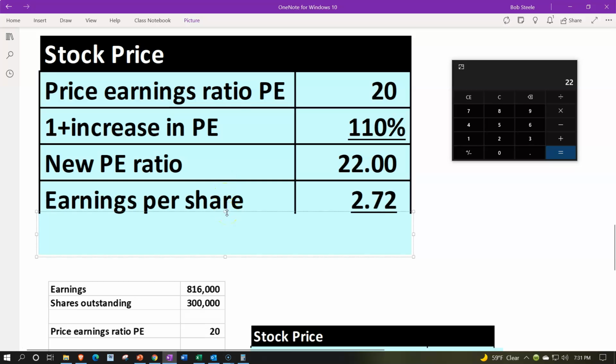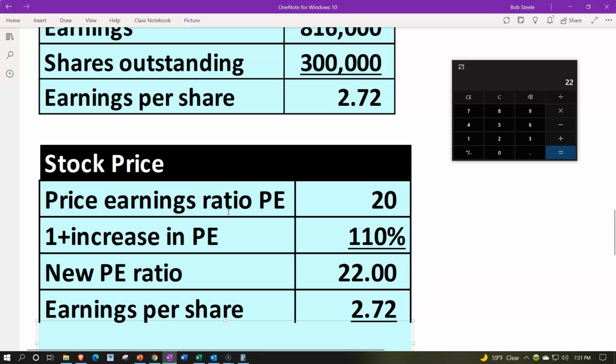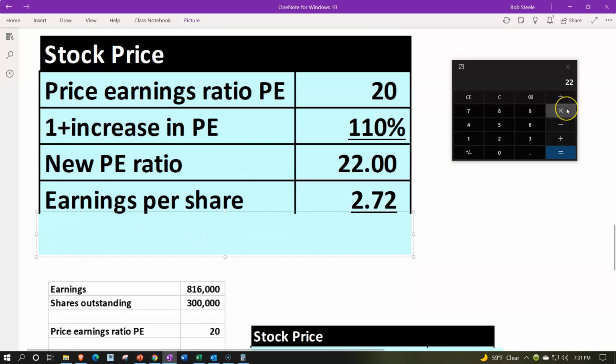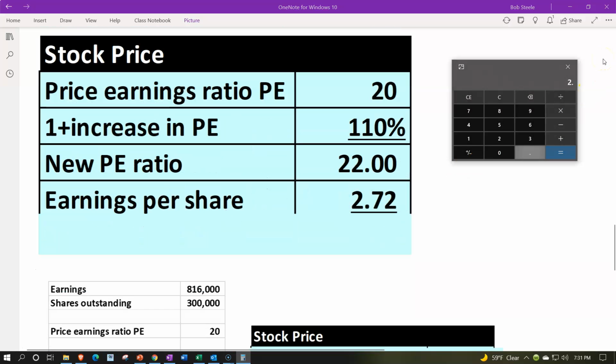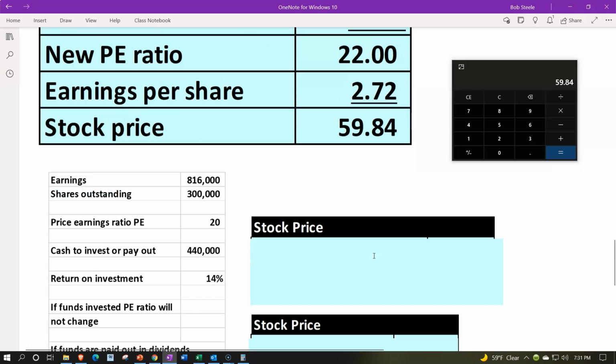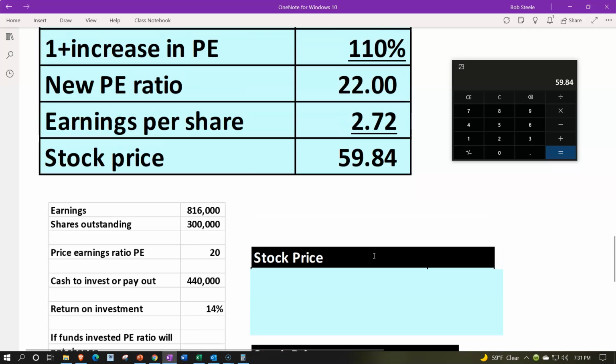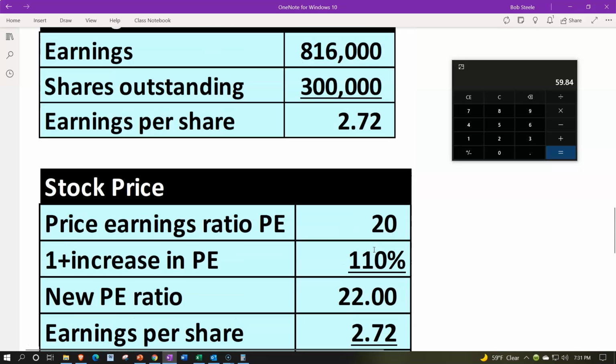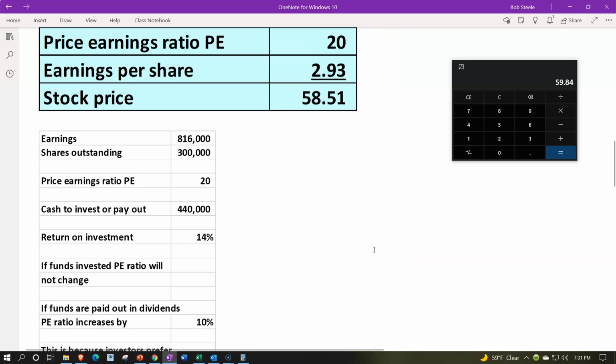22 times the earnings per share, which we calculated up top to be 2.72. So I'm taking 22 times 2.72, and that's going to give us 59.84. Therefore, we've got 59.84 under Plan 2, and we've got 58.51 under Plan 1.